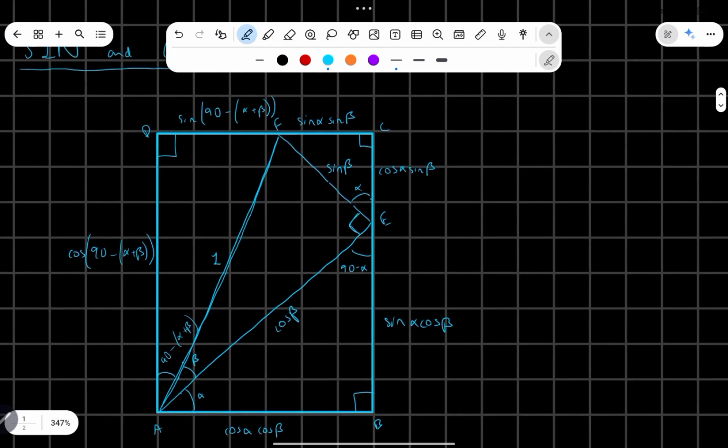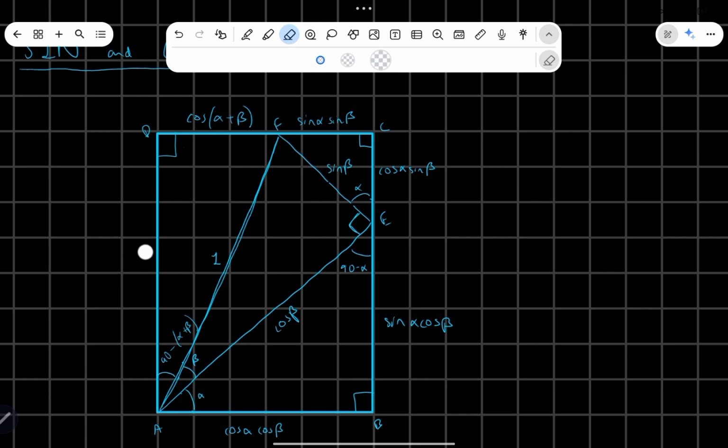Okay. Now, sine 90 minus an angle is the same as cos of the angle. So I'm going to rewrite DF as just cos alpha plus beta. And cos 90 minus an angle is just the same as sine of the angle. So that's the same as sine alpha plus beta.